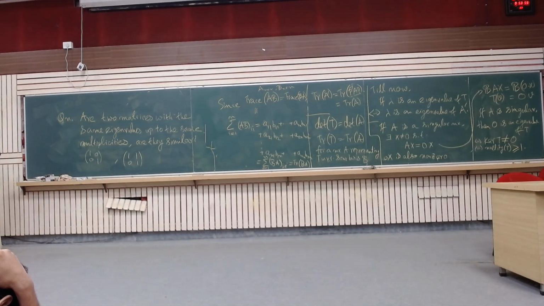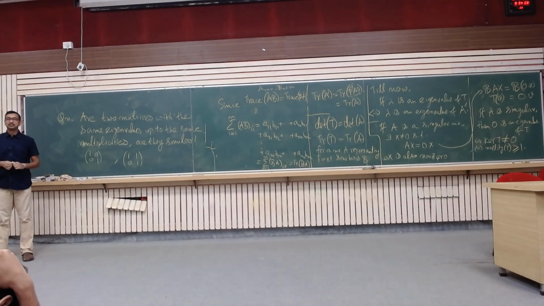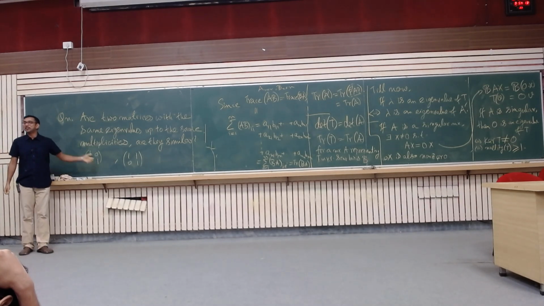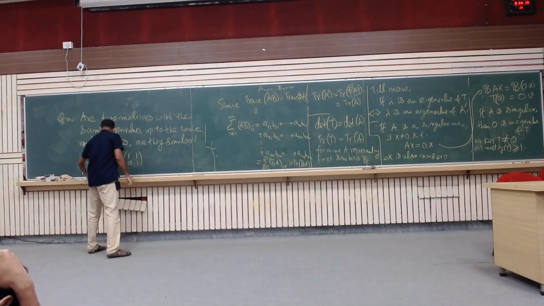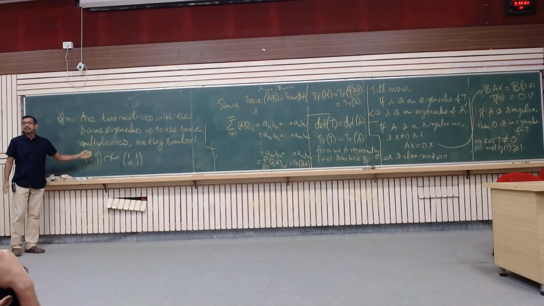Why not? Why are these two matrices not similar? It will always be an identity. You can never go from here to there by conjugation. So these are not similar, but they have the same eigenvalues.